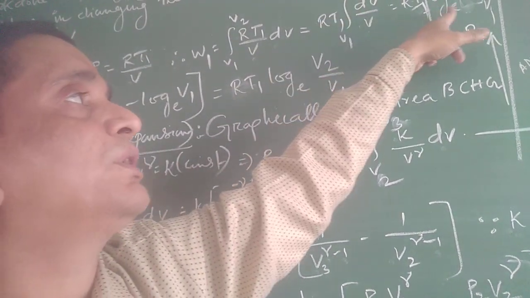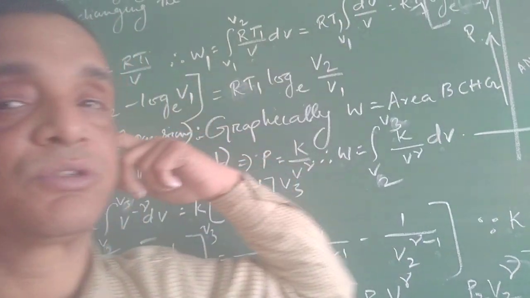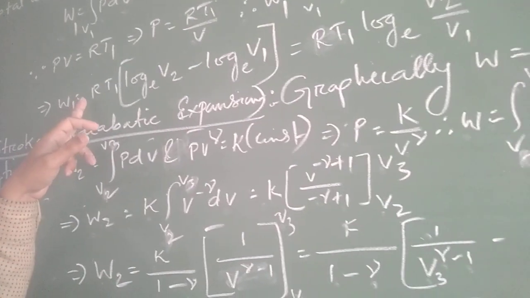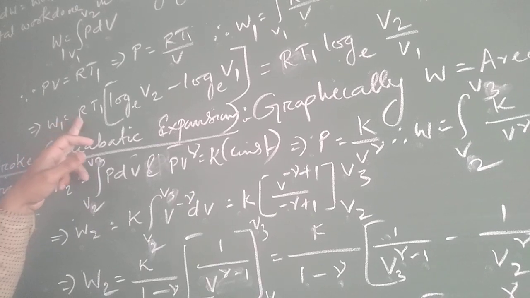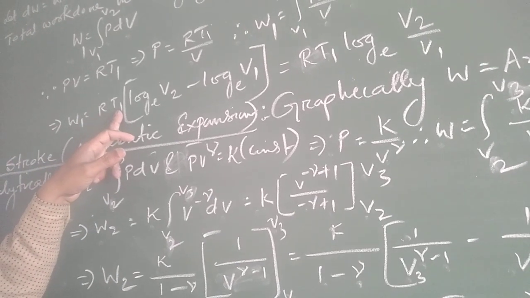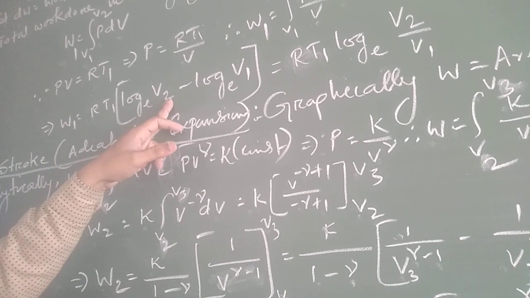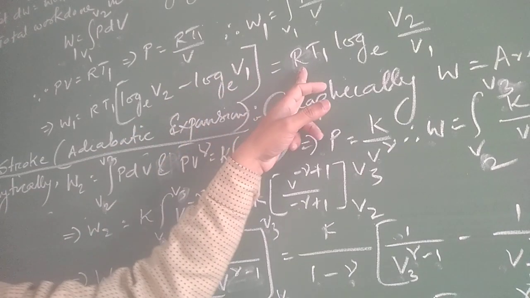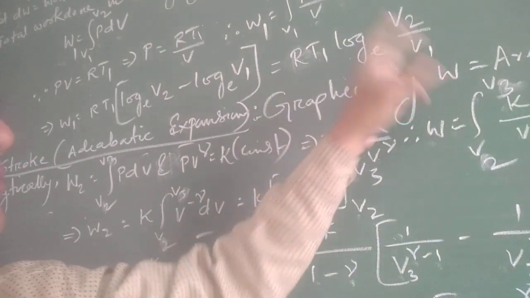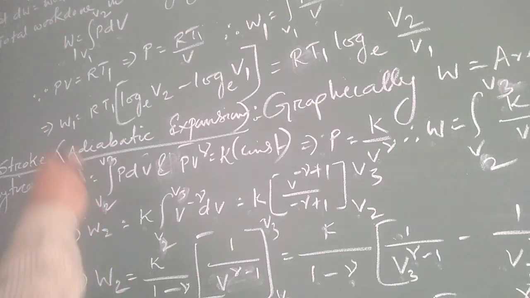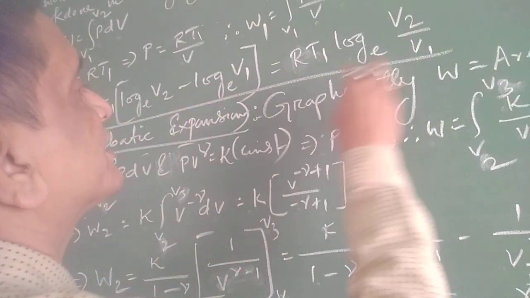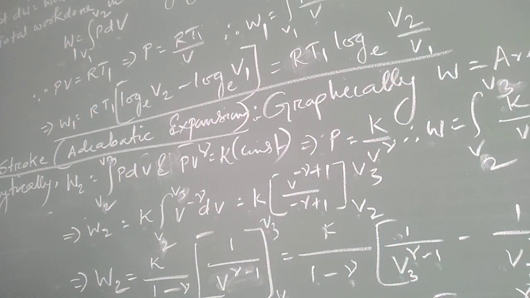So W1 equals RT1 (log_e V2 minus log_e V1), which is RT1 log_e (V2 by V1). This is the analytical expression for work done in an isothermal process.